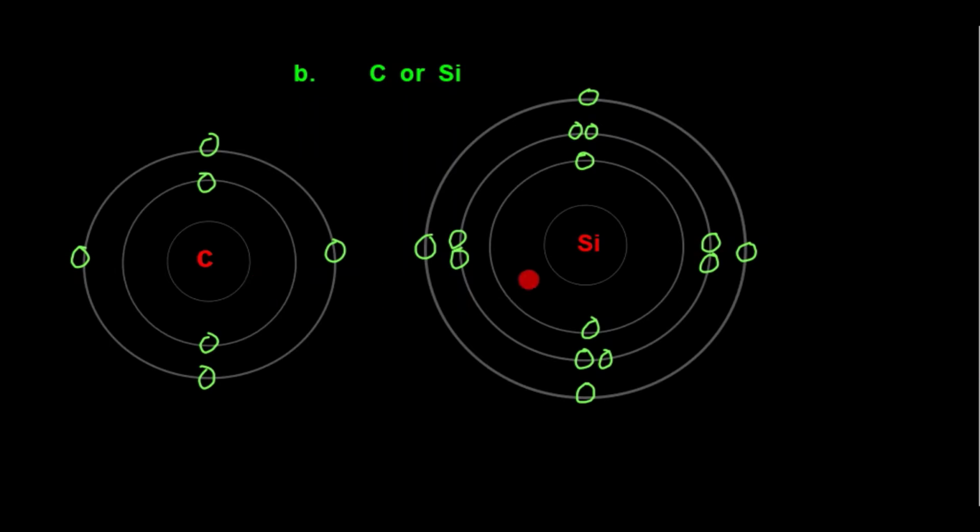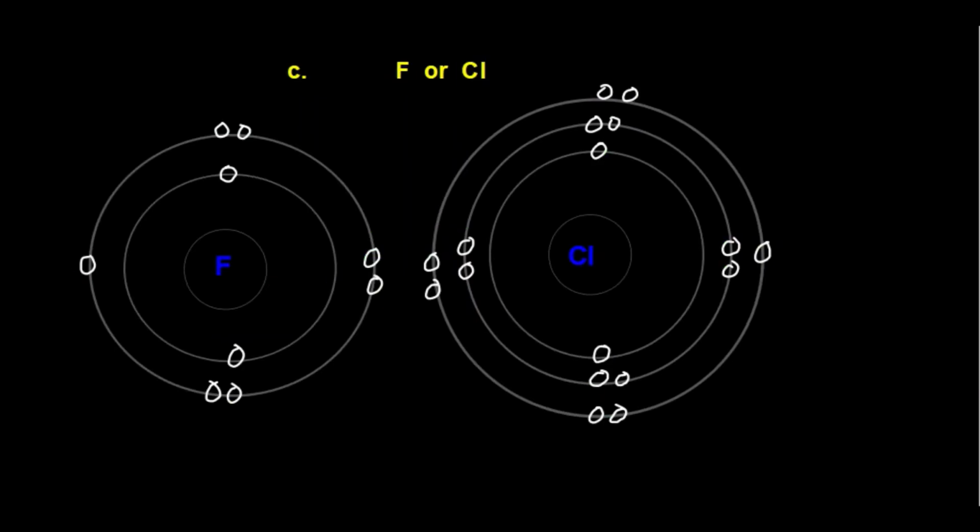Now we will see the next question which is given. In the next question we are given fluorine or chlorine, and we are asked to choose the element which has greater shielding effect. Fluorine has just one inner shell between valence shell and nucleus, while in the case of chlorine, between the nucleus and the valence shell there are 2 inner shells.